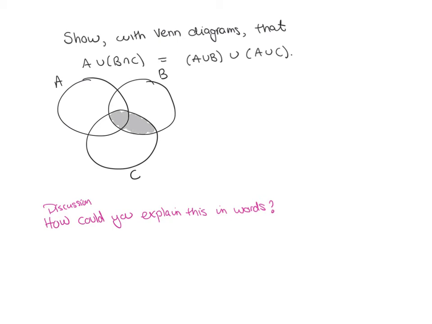Maybe we can color code that a bit. That's my B intersect C. And I'm unioning that with A. So I'm also including all of the stuff that was in A. So this is my A union B intersect C.